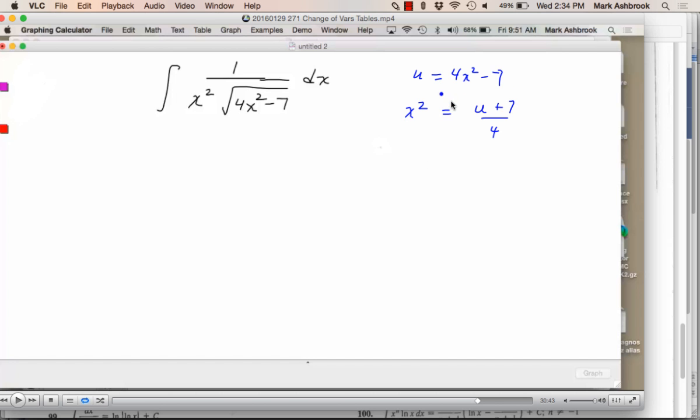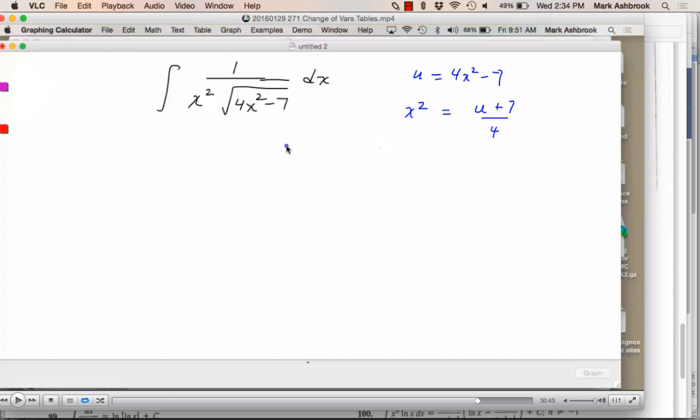But then what is dx? So dx is not simple here. So this isn't really helping that much. Dx is not simple. X squared is this ratio, and then we'd have the square root of u. So we might be able to keep working the algebra to make that work, but it's not looking straightforward.